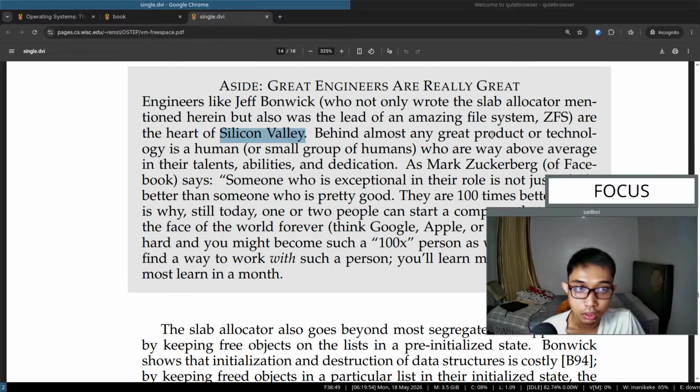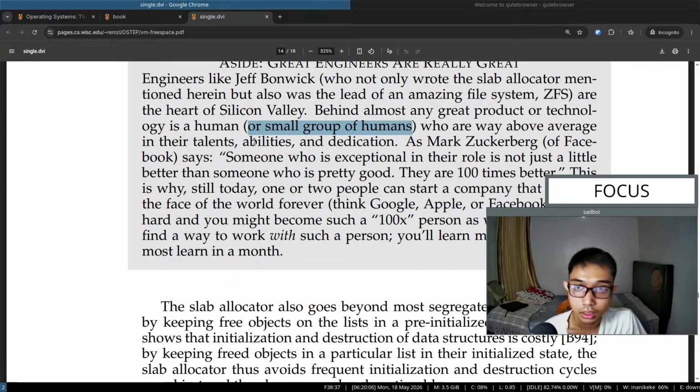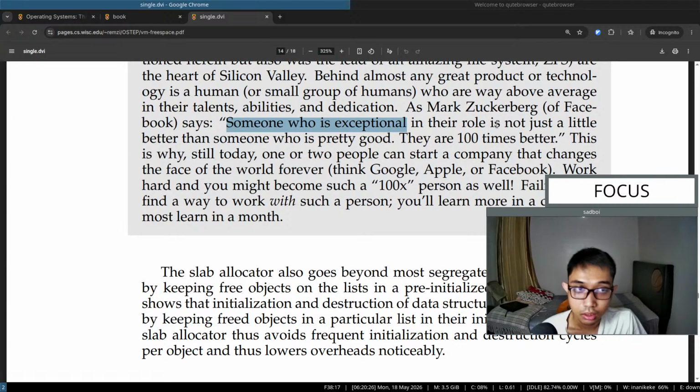Behind almost any great product or technology is a human or a small group of humans who are way above average in their talent, abilities, and dedication. As Mark Zuckerberg of Facebook, now called Meta, says, someone who is exceptional in their role is not just a little better than someone who is pretty good. They are 100 times better.